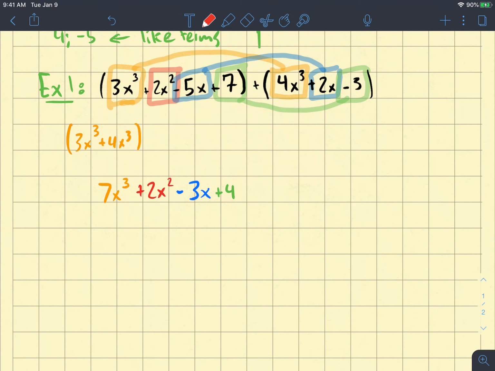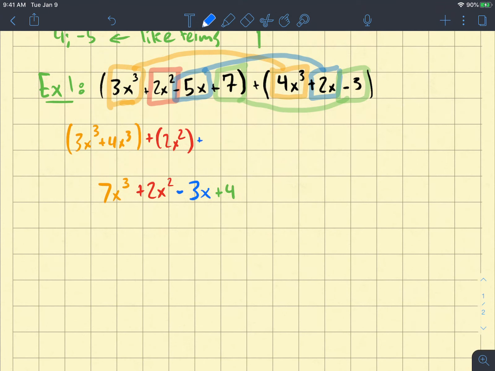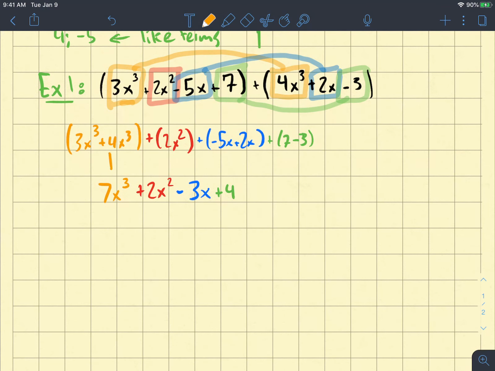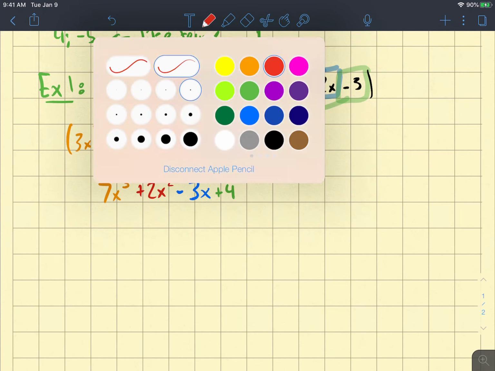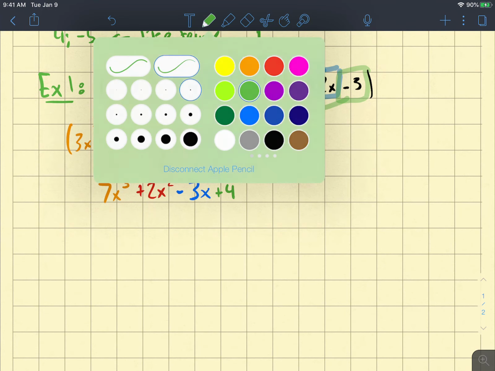Then plus 2x squared, plus negative 5x plus 2x, plus 7 minus 3. All right, this leads to this. This goes straight to here. This goes here. And that goes here.